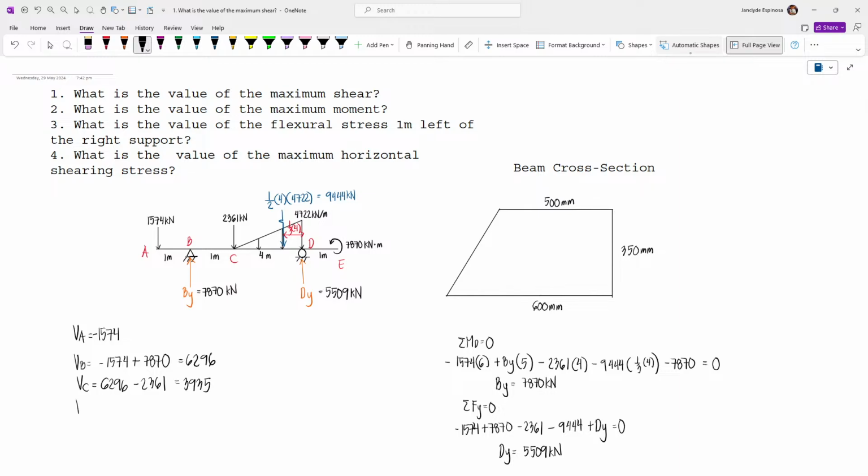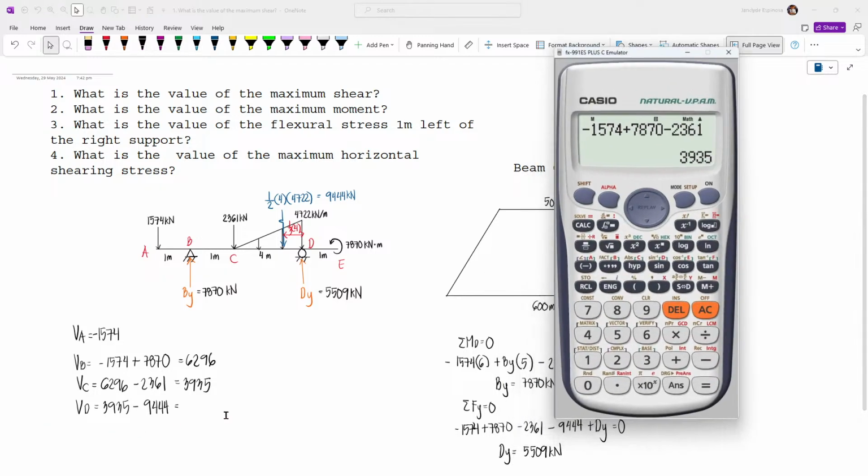And then at point D, the triangular load is fully applied. So we need to use the resultant. So we have, copy lang na siya, cumulative raman na, 3935 minus how much? 9444. So this is equal to minus 5509.